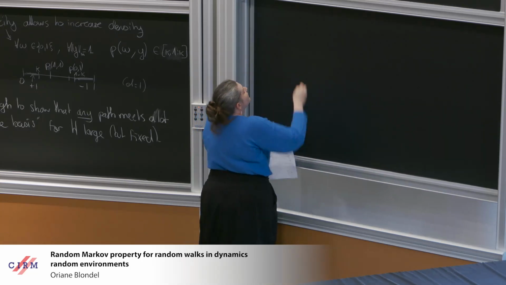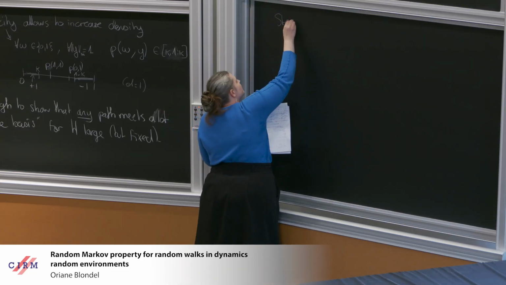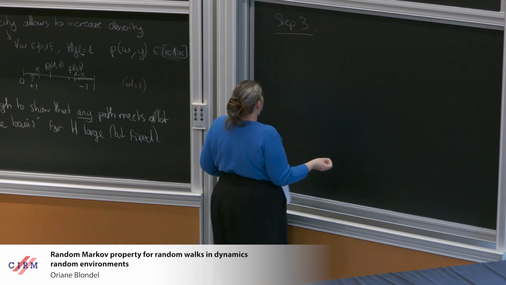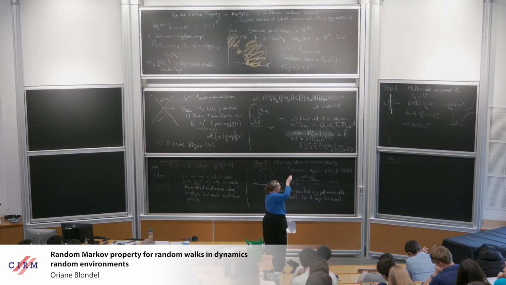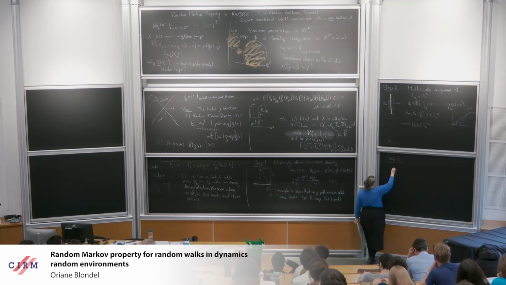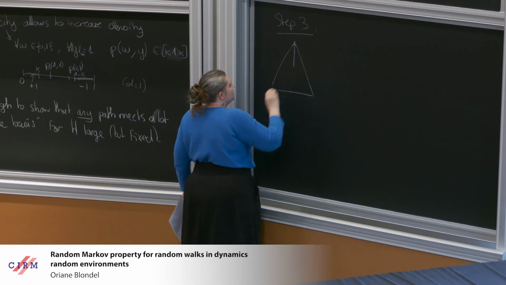But the next, so that's actually two multiscales in one, if I'm more honest with you. Step 3 is essentially the same, but it's going to say now that I have a good probability of finding a cross somewhere on my stick, I want to show that I hit the basis of a cone with good probability.